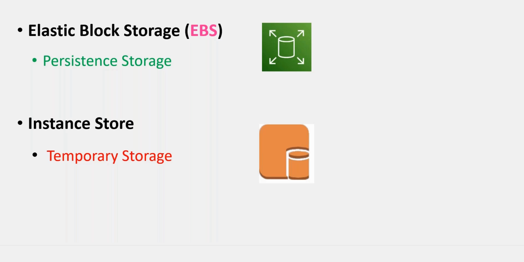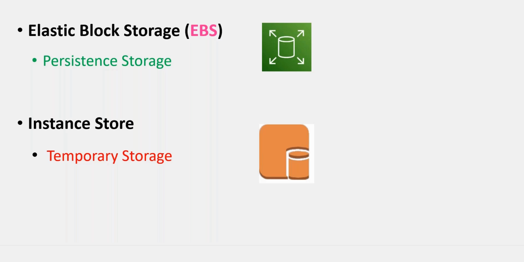Normally in your certification, in your daily work on AWS, Elastic Block Storage will come into the picture. Instance store nobody uses. It is just there to understand, and in an extreme situation you can utilize it, but normally people don't use it. So your main focus and your energy should be toward EBS.